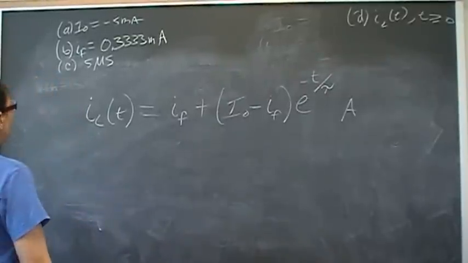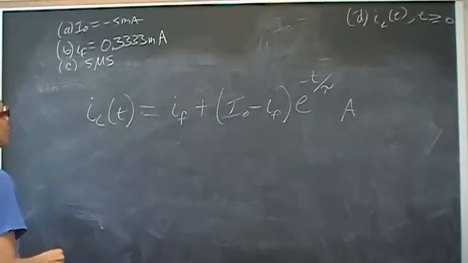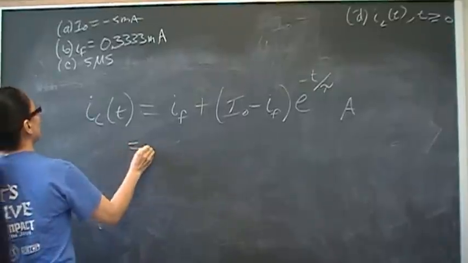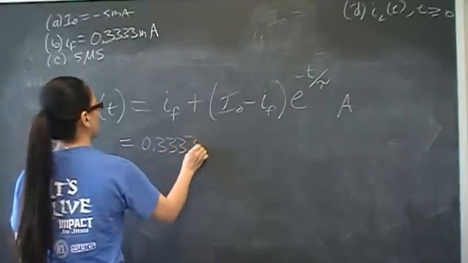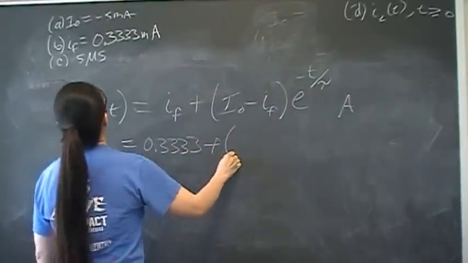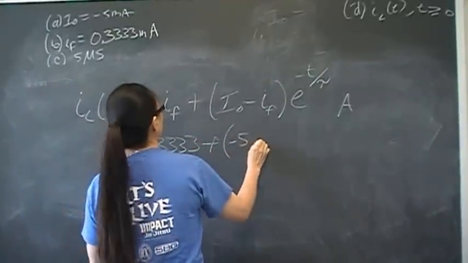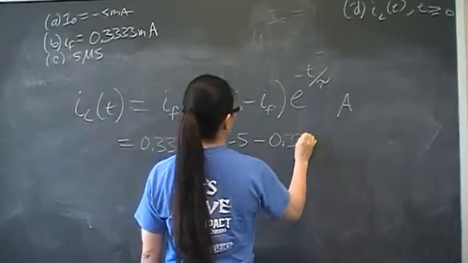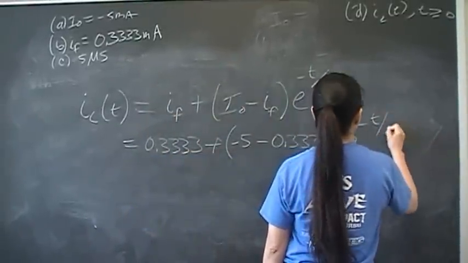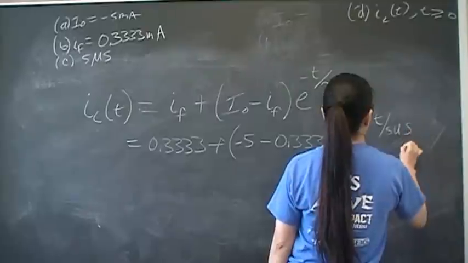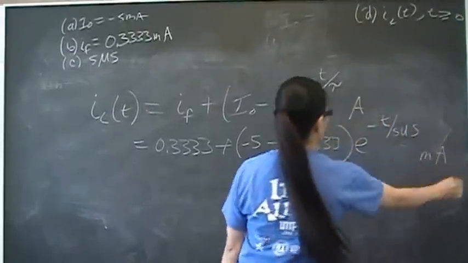Now we have all the components we're looking for. So I final is 0.3333 plus negative 5 milliamps minus 0.3333, times e to the negative t over 5 microseconds, in milliamps.